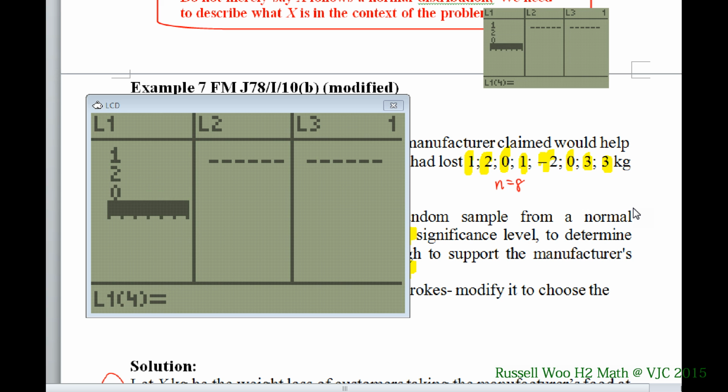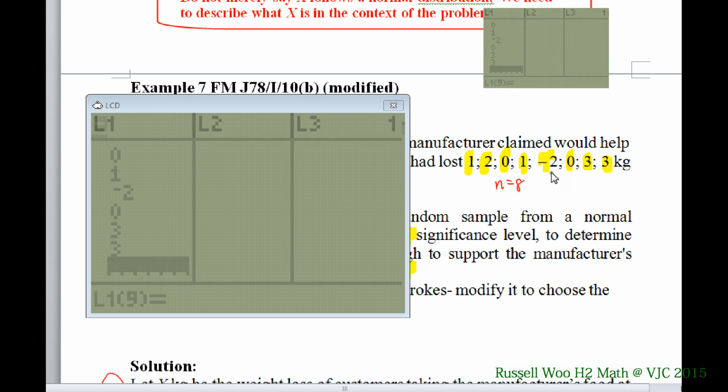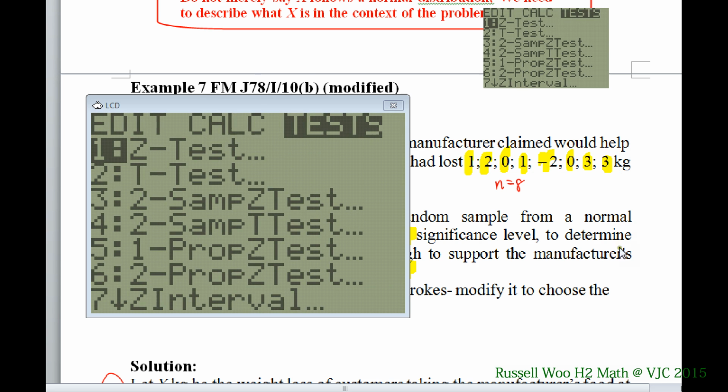Stat edit: 1, 2, 0, 1, -2, 0, 3. 8 data points. And then stat calculate, or rather test. You have to decide from the start that it's a t-test.